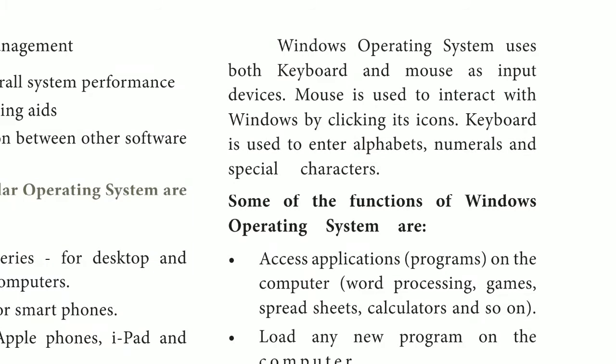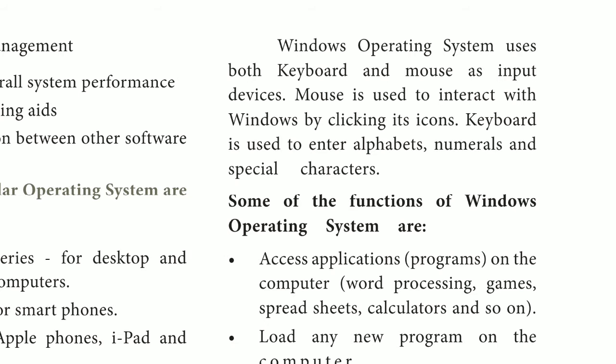Windows operating system uses both keyboard and mouse as input devices. The mouse is used to interact with Windows just by clicking on the icons. Keyboards are used to enter alphabets, numbers, and special characters.